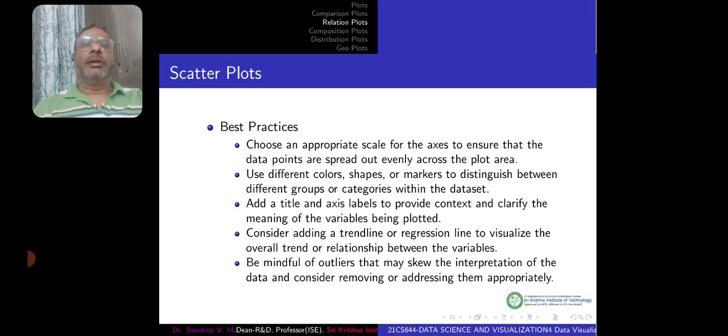So in one plot, we can convey many meanings, like which one is outlier, which is being neglected, and after neglecting, what trend line is or regression line is and all that, and that's going to overall convey how the two variables are related.